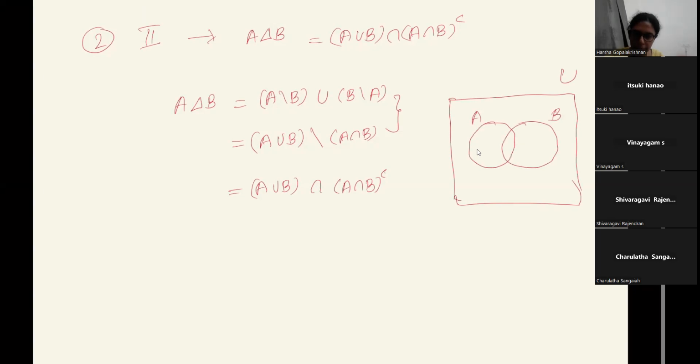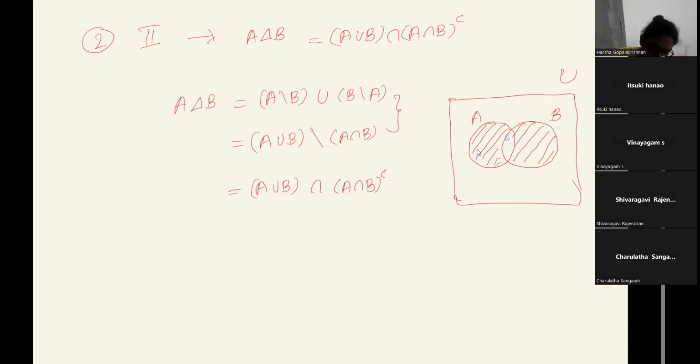Okay. What is A minus B? The set of all elements in A which are not in B. That means this portion. And B minus A means this portion. Now union means these two portions together. This is same as A union B minus A intersection B, right?